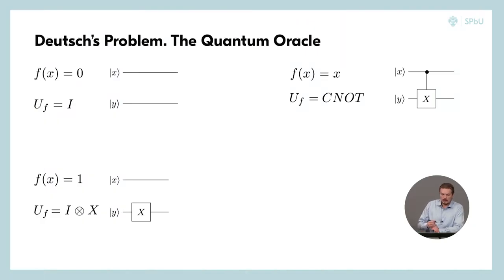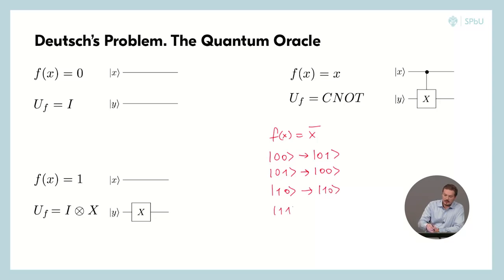And even more fun with f of x equals not x. Let's see. 0, 0, now not x is 1. It maps to 0, 1. And 0, 1 maps to 0, 0. Now 1, 0 is untouched. The same as 1, 1.